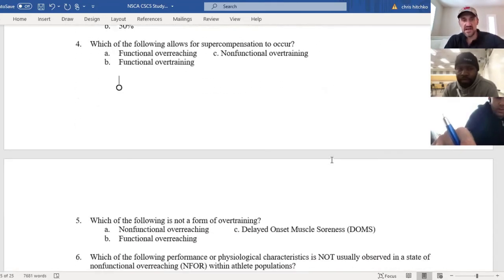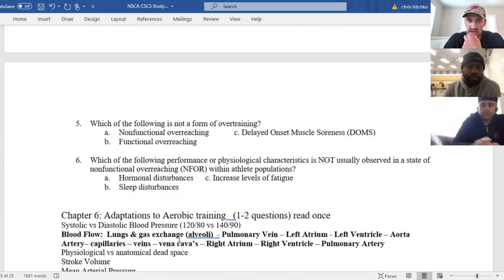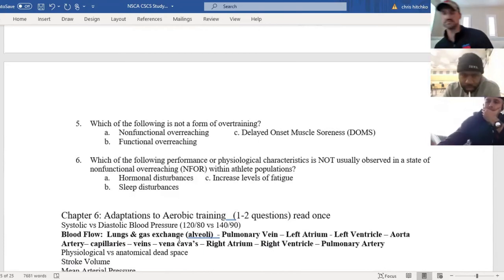Which kind of leads us into the next one. Which of the following is not a form of overtraining? Non-functional overreaching, functional overreaching, or delayed onset muscle soreness. I would bet you guys will see at least 1 to 2 questions on that, on page 108.